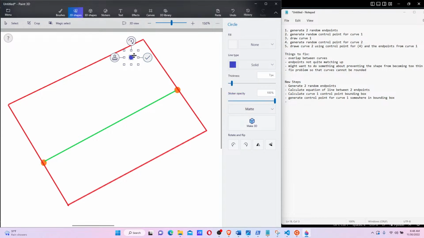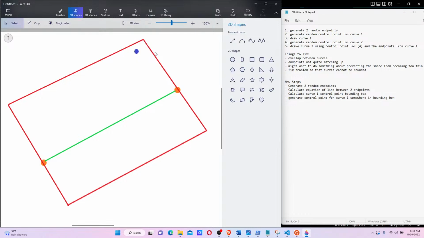And this one's going to be blue. So this is that control point. Okay, now draw curve 1. Yeah, okay. Draw curve 1.